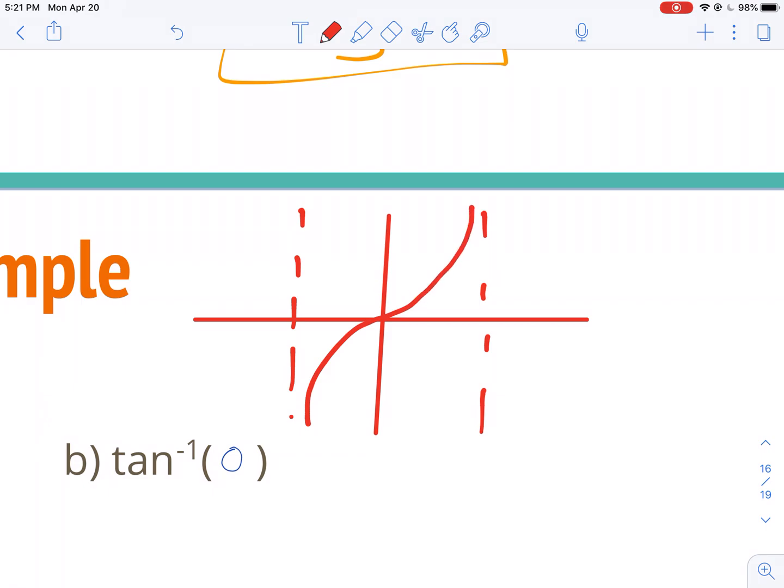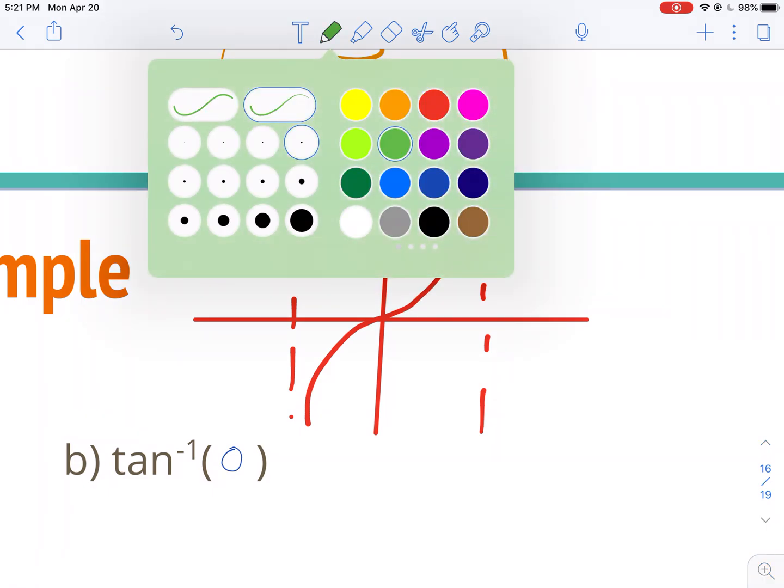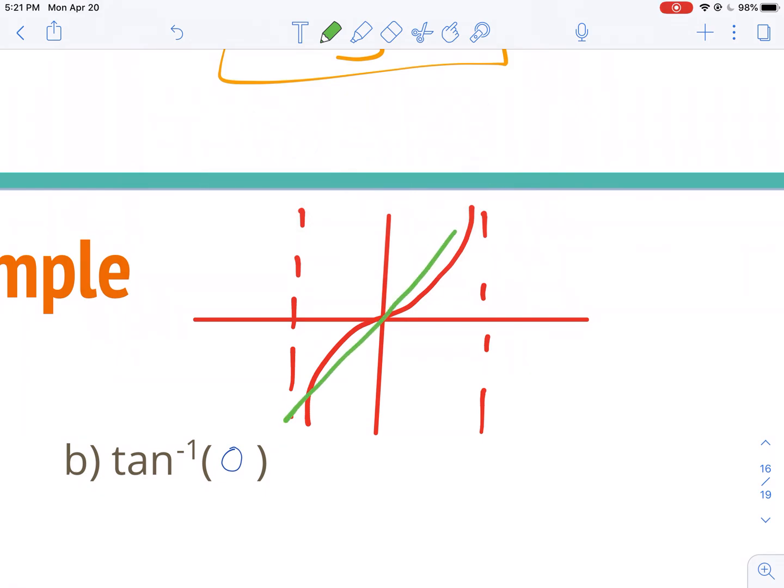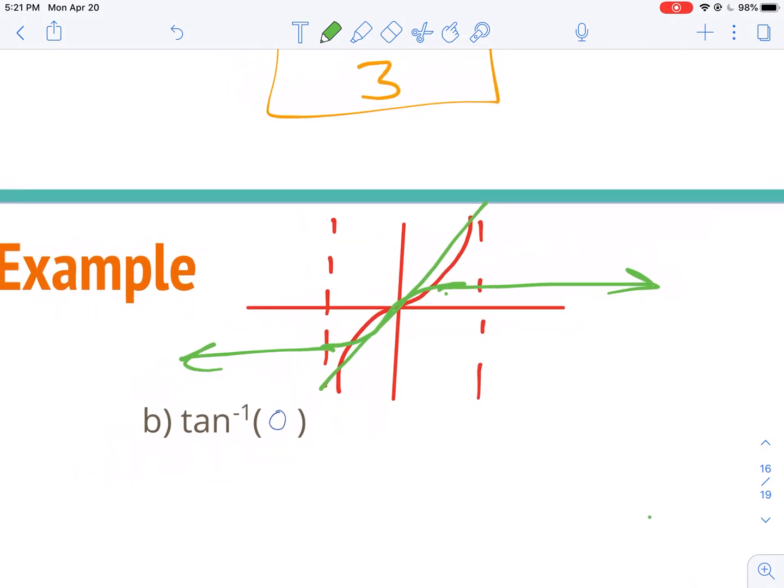Well, that's really nice, because as we transform it over the line y equals x, we just get a function that looks like this. It's going to keep going on and on forever like that, but it's going to exist like this. So these are going to become horizontal asymptotes.